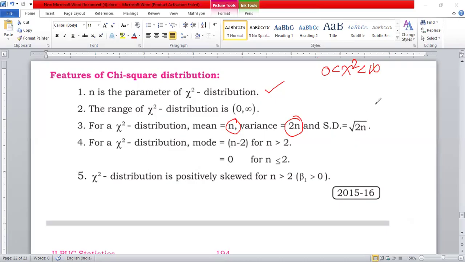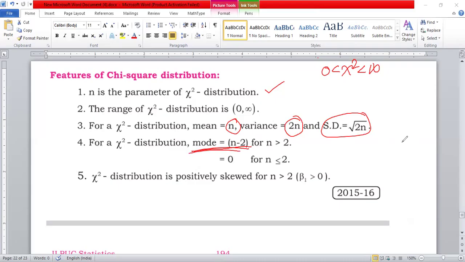For a chi-square distribution, mean is equal to n, variance is equal to 2n, standard deviation is root 2n, remember. And mode is n minus 2.